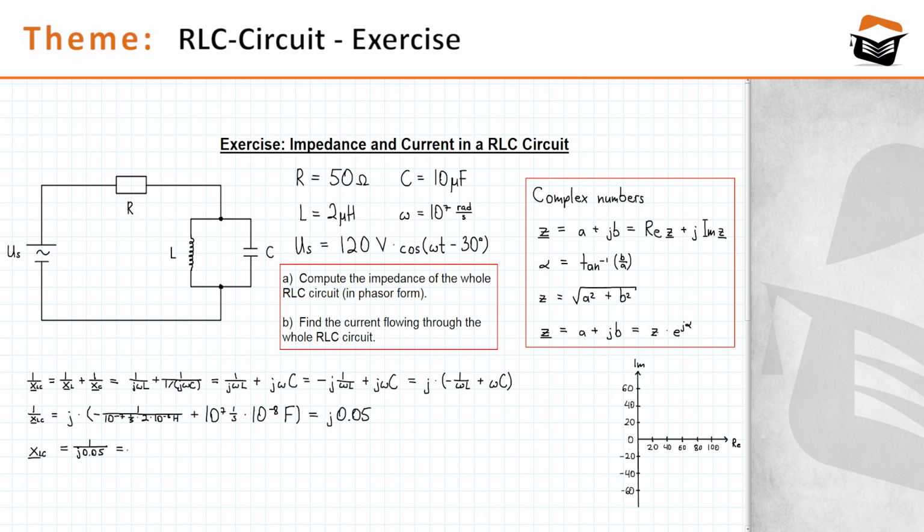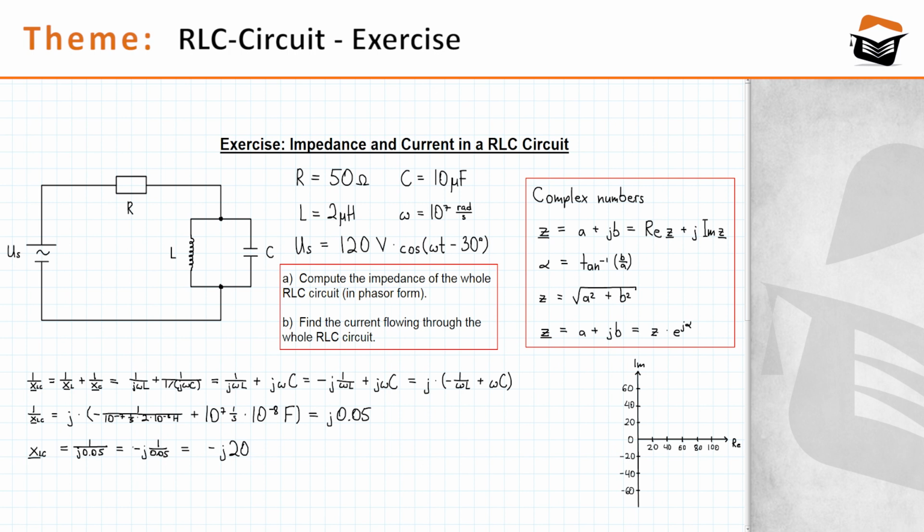And that's equal to, similarly to what we did above, 1 divided by J is minus J, 1 over 0.05, and that's equal to minus J20. So the impedance of the parallel subcircuit extends into the negative region of the imaginary axis.